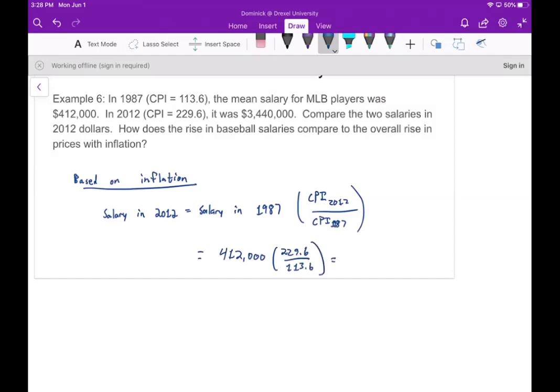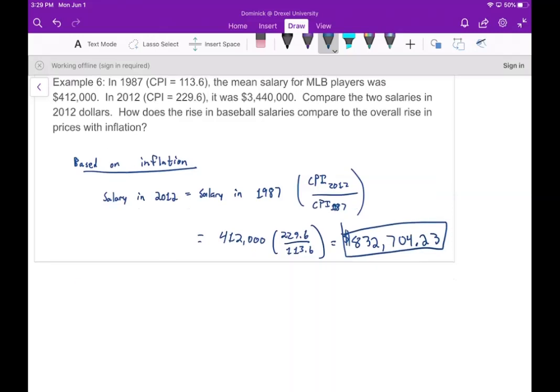So if we calculate 412,000 times 229.6 divided by 113.6, prices should have risen to $832,704.23. That was if it was based on inflation alone, right? So you can see that this 3,440,000 is obviously much bigger than that.